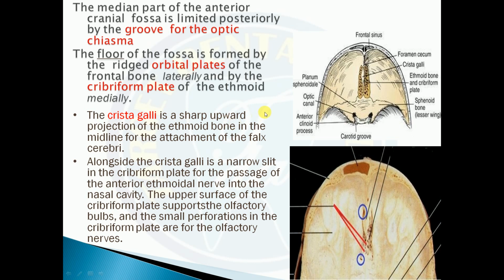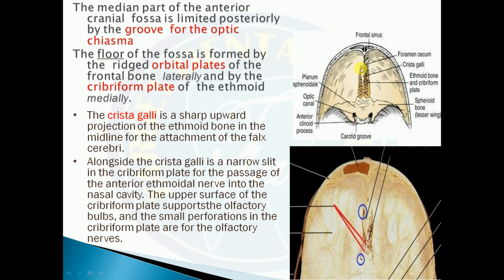So the crista galli, this is the crista galli, this is diamond shape. It is the sharp upward projection of the ethmoid bone in the midline, for the attachment of your falx cerebri. Okay, so alongside of the crista there is a narrow slit. Can you see this, the narrow slit?